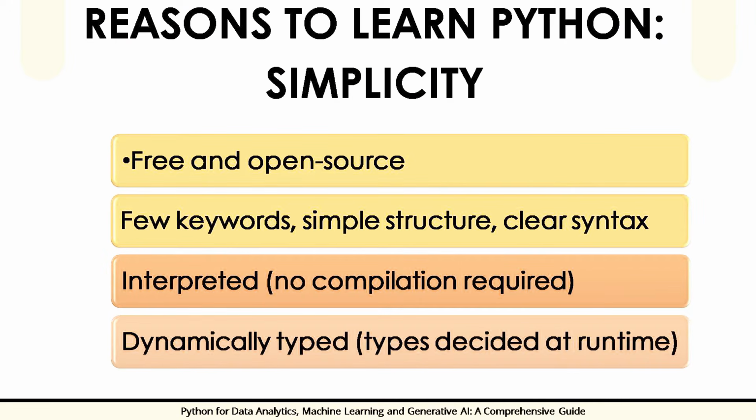Since Python is interpreted, you do not need to compile your code before running it. You just write and execute directly. It is also dynamically typed, meaning you don't have to declare the type of a variable in advance. Python decides it automatically at runtime, which makes coding much faster and easier.